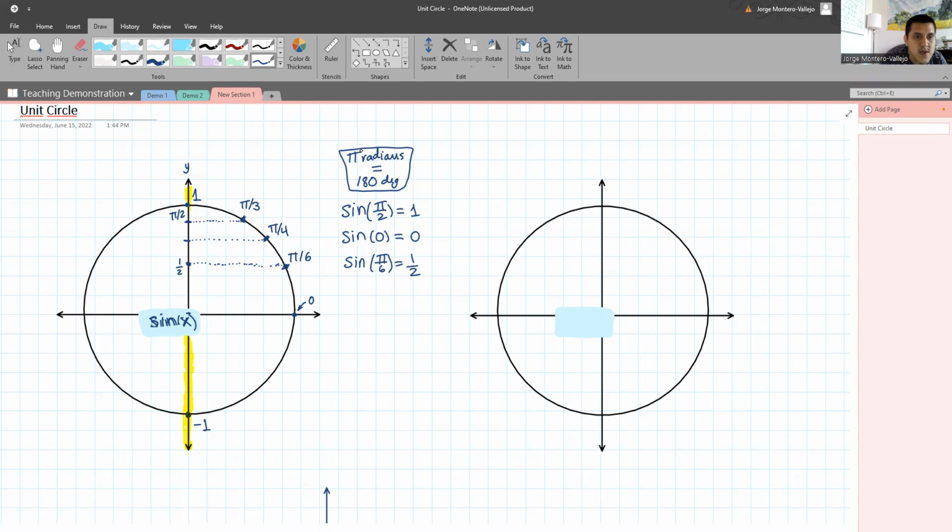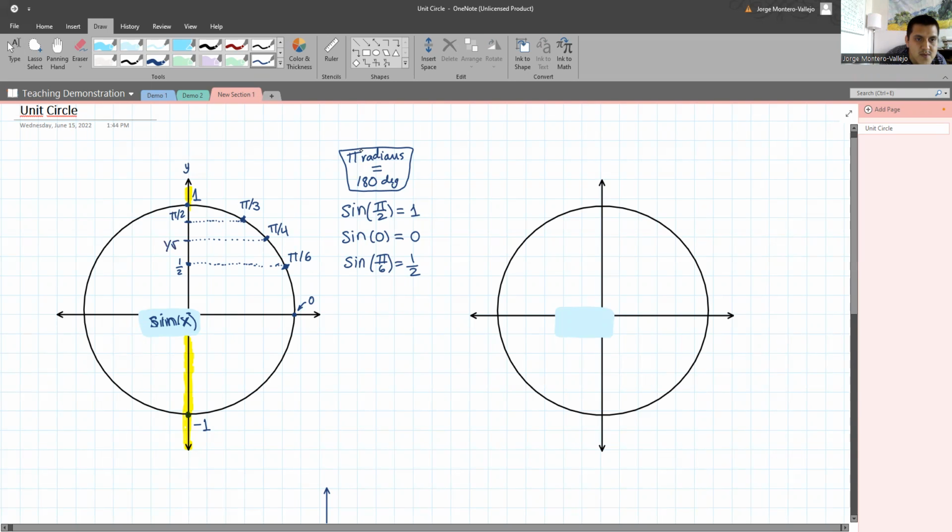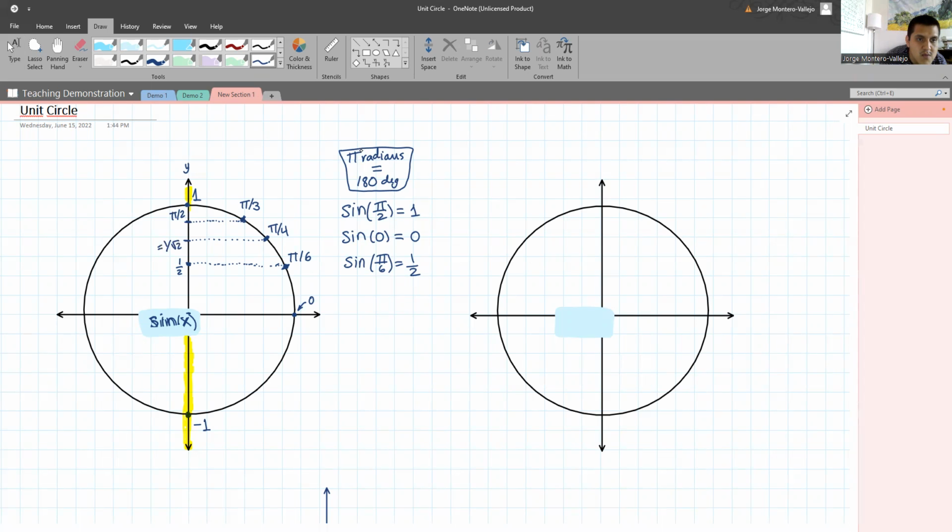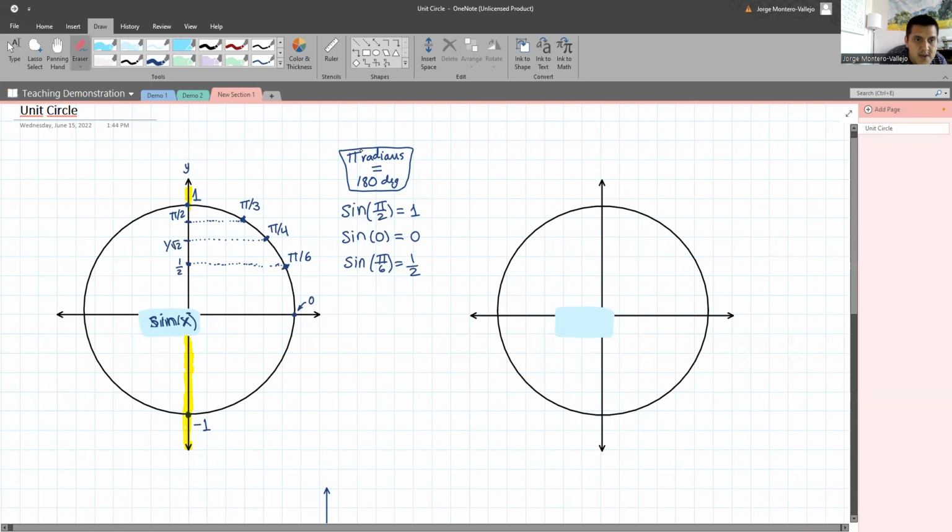It makes sense because these numbers, 0, then 1/2, are going up in order up to 1. So for this point, the next one after 1/2 is 1 over the square root of 2, or the same as square root of 2 divided by 2. And I explain why that is the case.